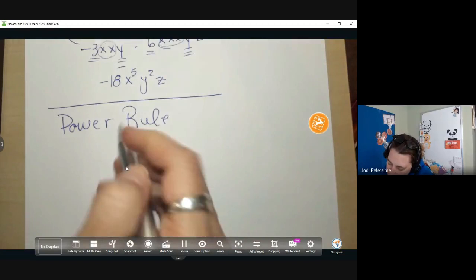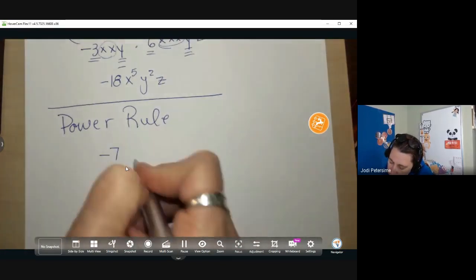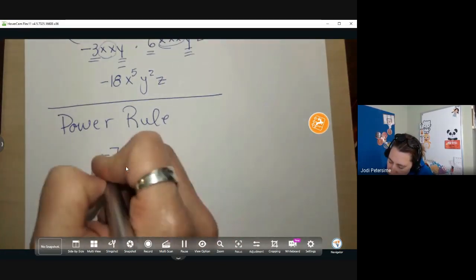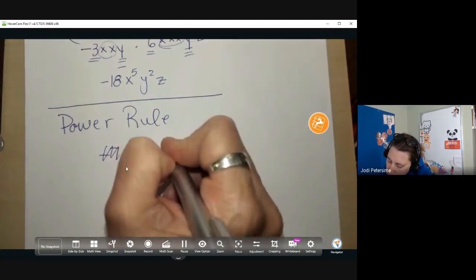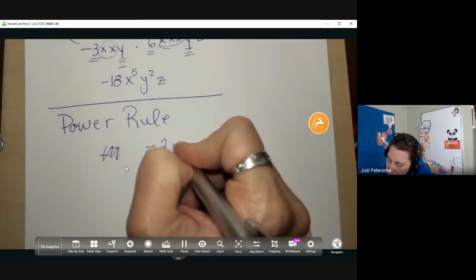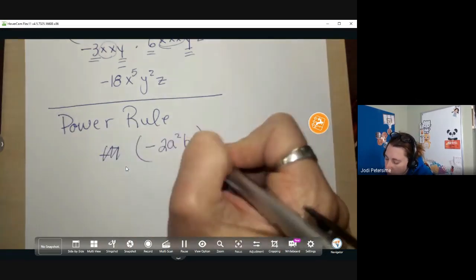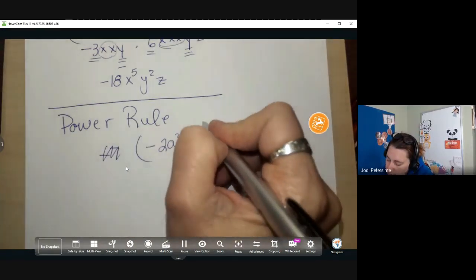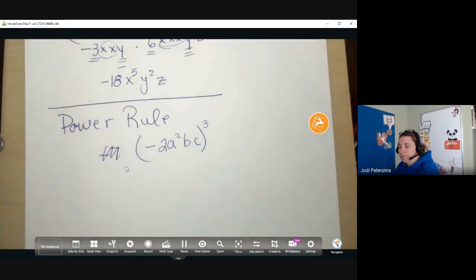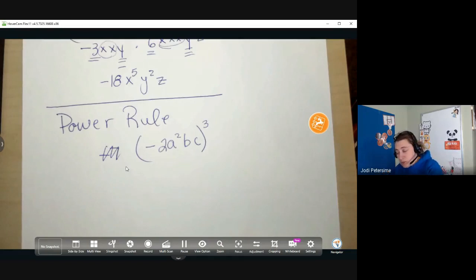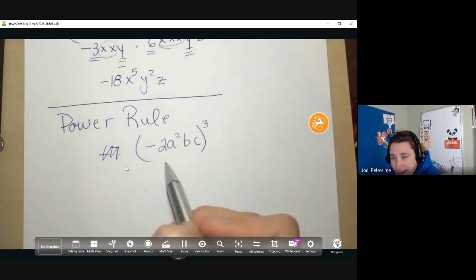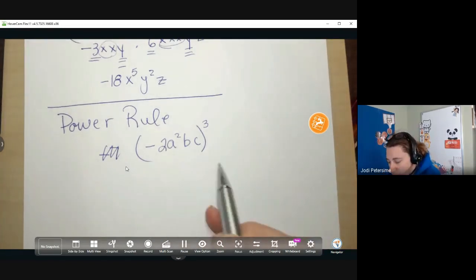So if I have negative 7, oh, that's kind of big. Let's go with negative 2. Let's do a squared bc, and I'm going to raise that to the third power. And again, if you don't remember the power rule, that's okay. You can always go back and write it down and then see if you can remember it from there.